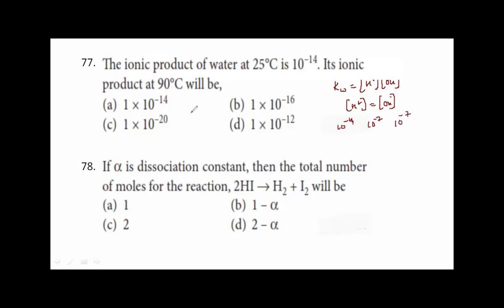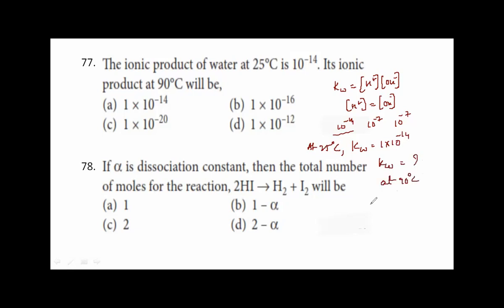Okay. Here they have said at 25 degrees Celsius, the ionic product of water is 10 raised to minus 14. Yes, we know this. Kw at 25 degrees Celsius is 1 into 10 raised to minus 14. Then what is its value at 90 degrees Celsius?